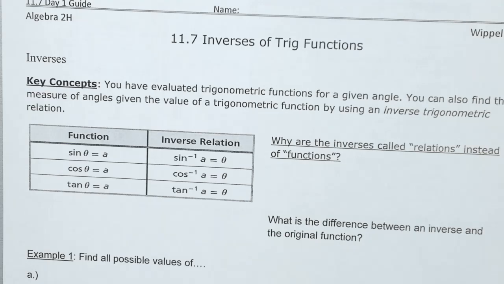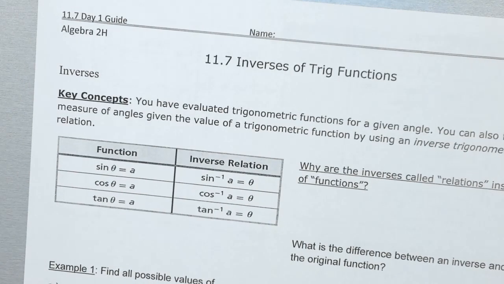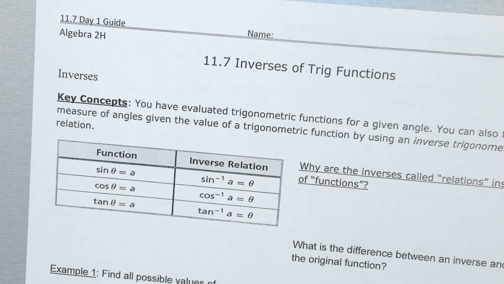Okay, so our topic today is the inverses of trigonometric functions. When we were finding our values on Friday last week, you were given like the tangent of 300 degrees, and then you had to find a value on the unit circle or divide the two values for the tangent.